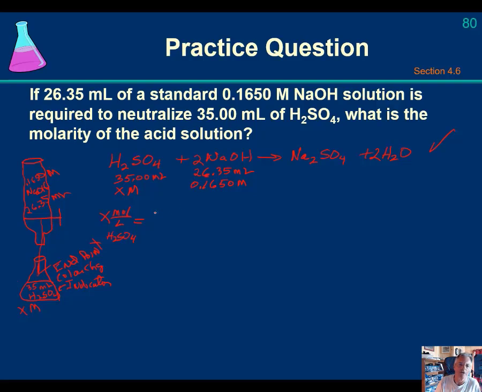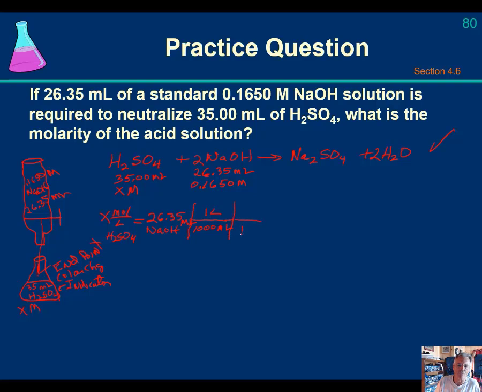We start out with the volume of the other stuff. That's our titrant, the sodium hydroxide. So that's going to be 26.35 milliliters of the NaOH. We're going to convert milliliters to liters, and 1,000 milliliters are in every 1 liter of the sodium hydroxide.